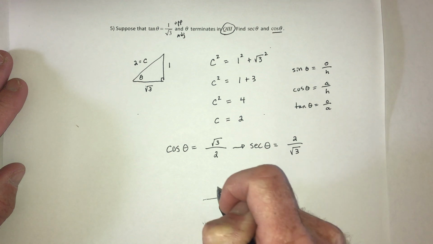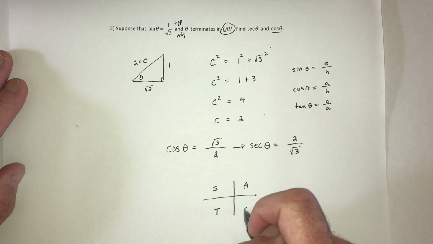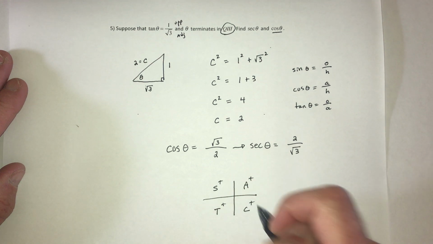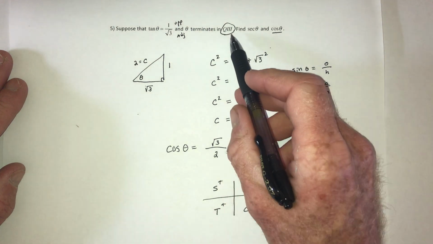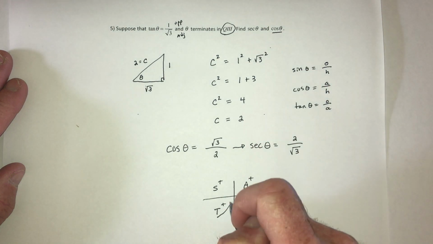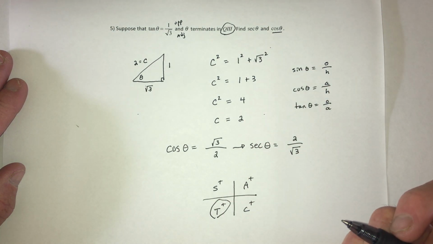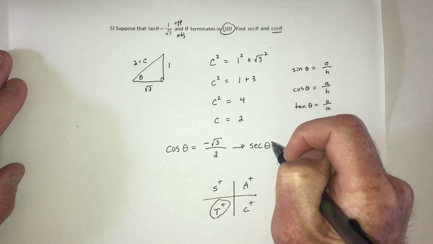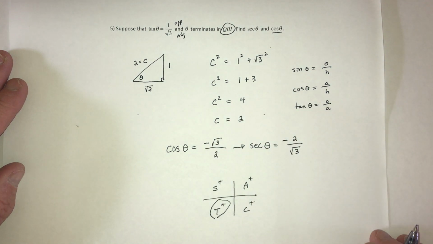So you can use a smart trig class, which is saying when the functions are positive. And if we're in quadrant 3, that's right here, which means tangent is positive and cosine is negative. So just throw a negative sign on there and we're done.